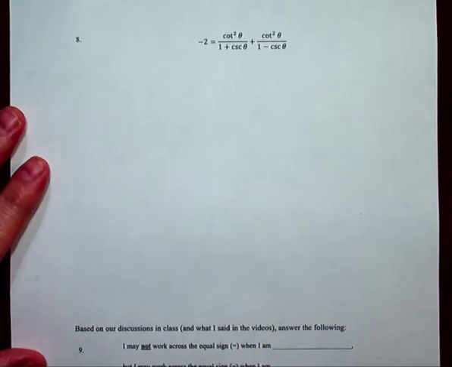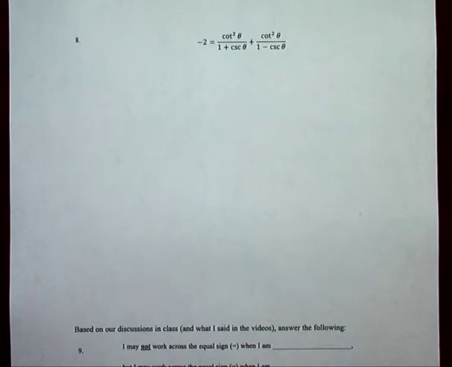And the reason is that we can use our Pythagoreans to change the form of the numerator. Because remember, sine and cosine are related by Pythagorean, secant and tangent are related by Pythagorean, cotangent and cosecant are related by Pythagorean.